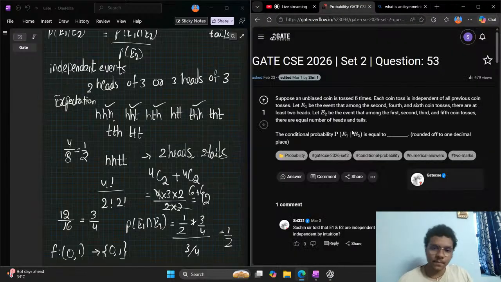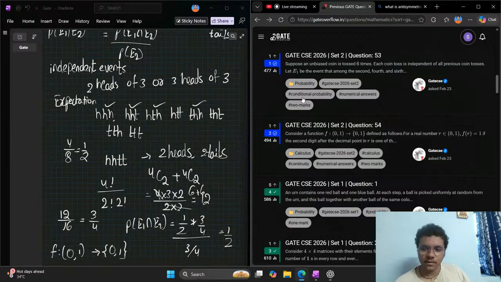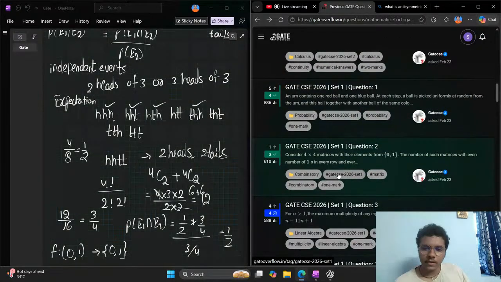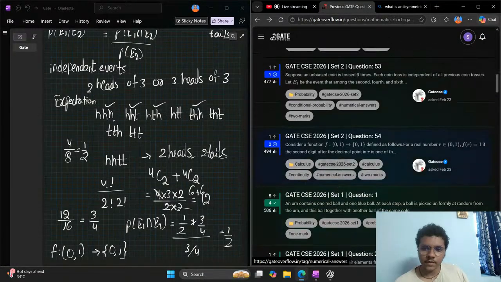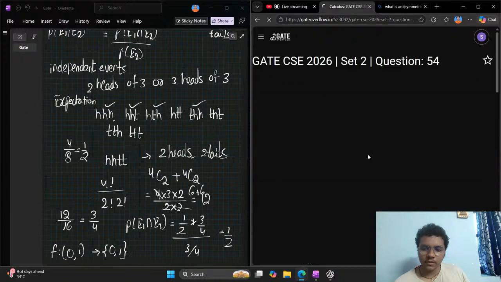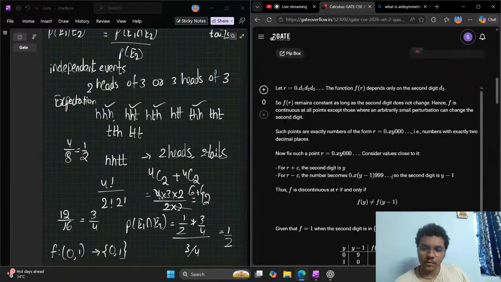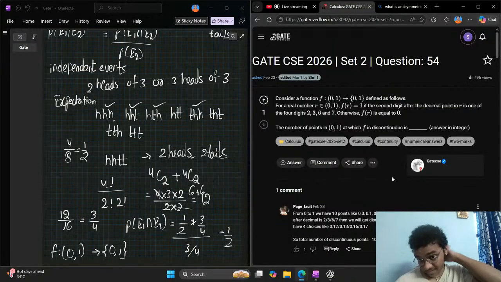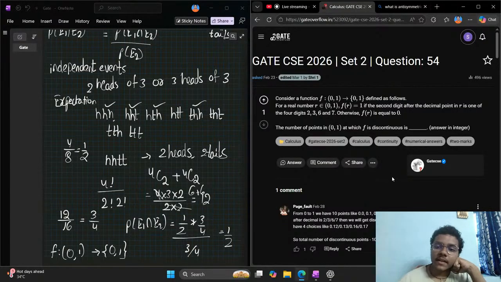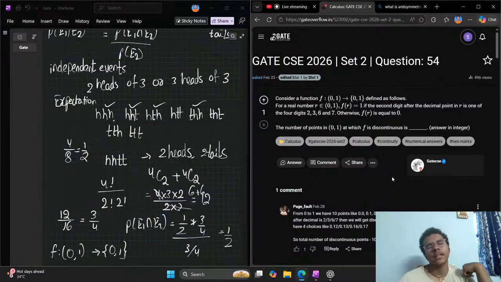Well, I'm happy that I'm able to solve it, and we're supposed to solve this question, right? This is a function for a real number r belonging to 0 comma 1. F of r is equal to 1 if the second digit after the decimal point in r is one of the four digits.